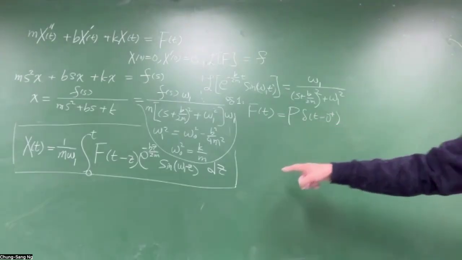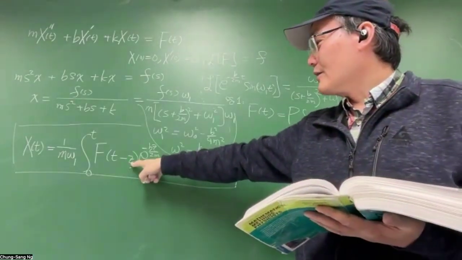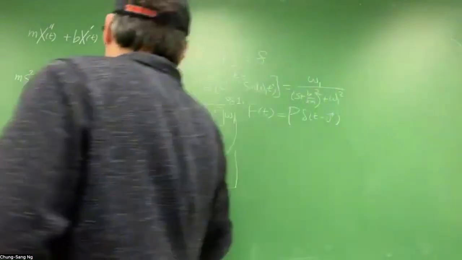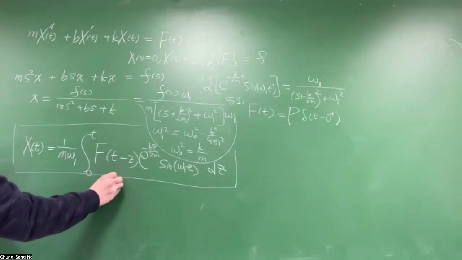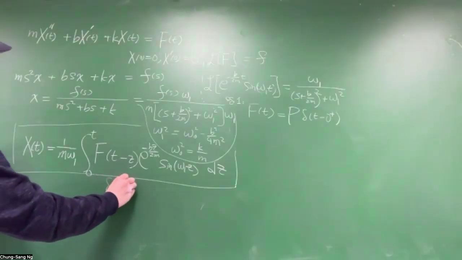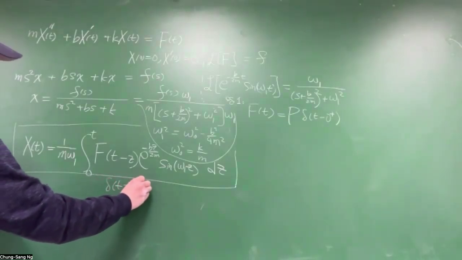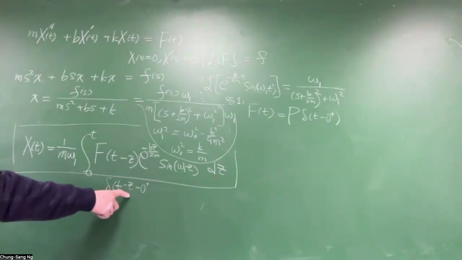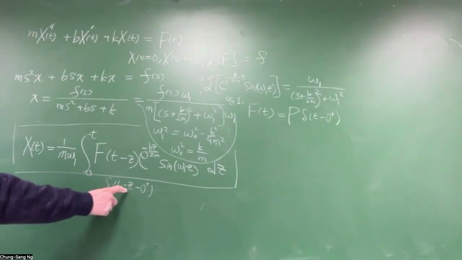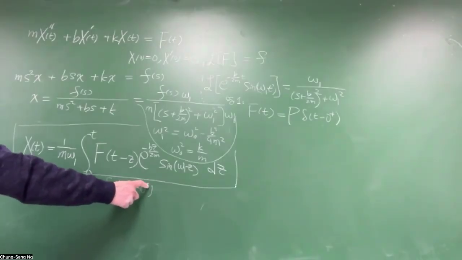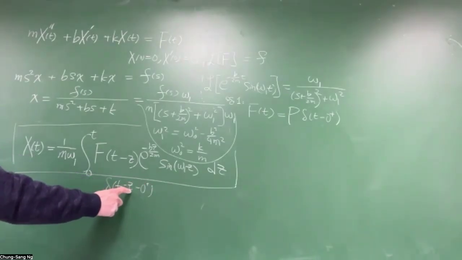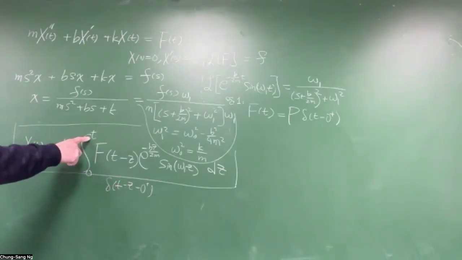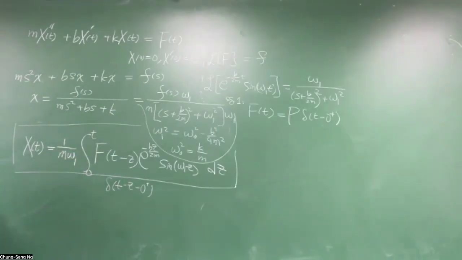If you do it like that and substitute this, then that becomes a delta of t minus z minus 0 plus. So that argument goes to 0 at t minus a little bit, so it's not exactly at the upper limit. It's a little bit before the upper limit. So then you can keep the whole delta function, right?